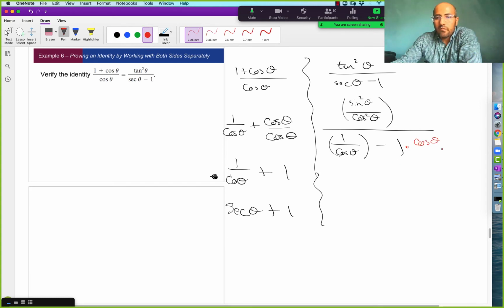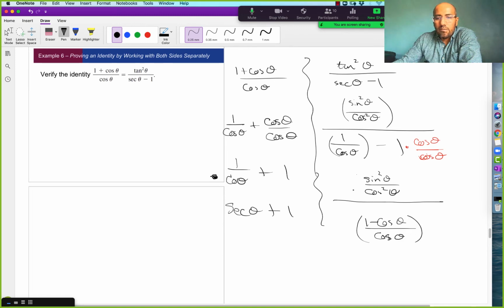Times cosine theta over cosine theta. Okay, so that's going to be a giant fraction where we have sine squared theta over cosine squared theta, and then we end up with (1 minus cosine of theta) over cosine of theta.